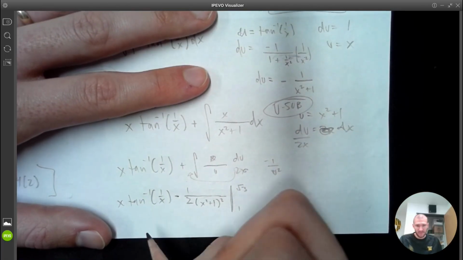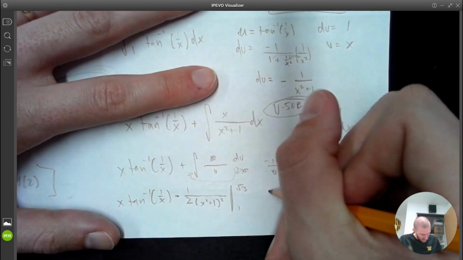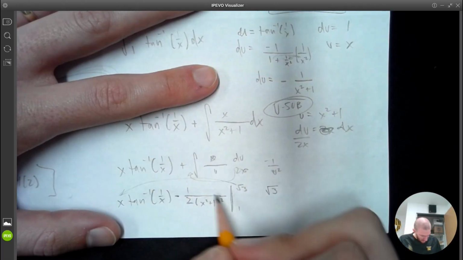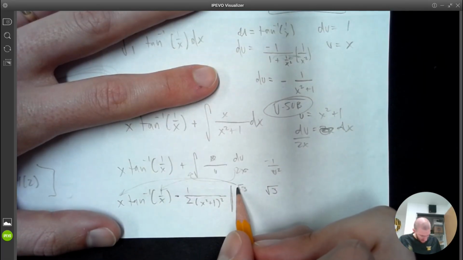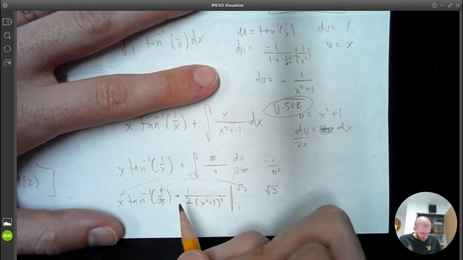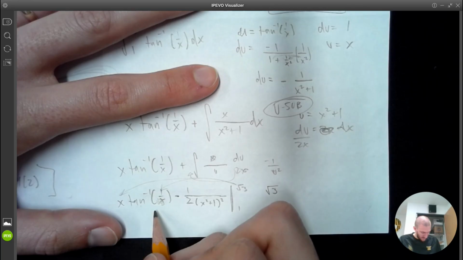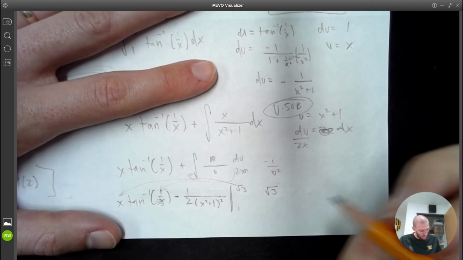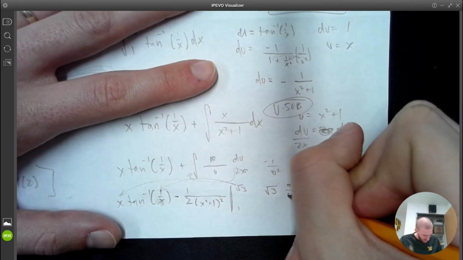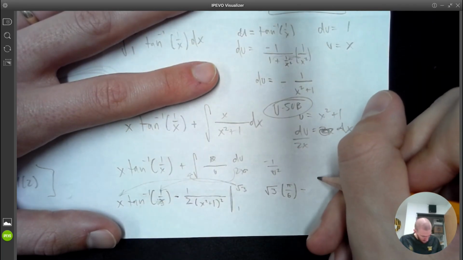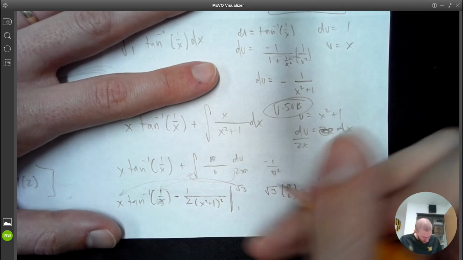Arctangent is just like the inverse tangent. It's not all that hard to do. The square root of 3, and then when I plug this in here, the arctangent of 1 over square root 3 means what angle gives me square root 3 on the bottom? Square root 3 on the bottom is pi over 6, minus 1 over 2.